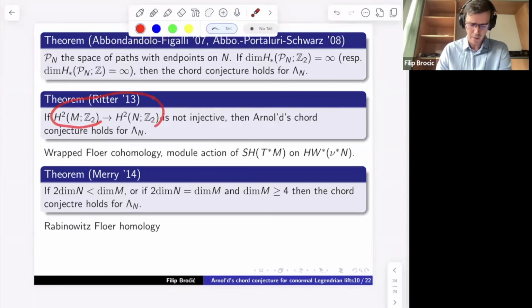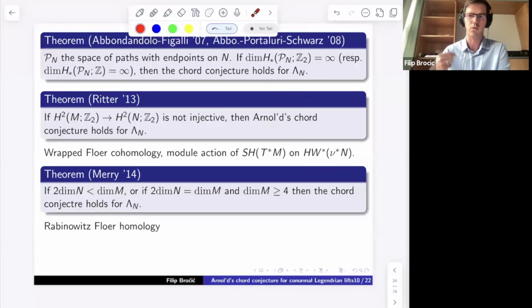This topological requirement is there to ensure that one can actually find a local system on the cotangent bundle such that it kills the symplectic homology of the cotangent bundle. And this topological condition says that this local system will actually be non-trivial also on the space of paths, so that the module map can actually be defined. And since Reeb-Floer cohomology is a module and symplectic cohomology vanishes, Reeb-Floer cohomology also vanishes. And this ensures the existence of Reeb chords.